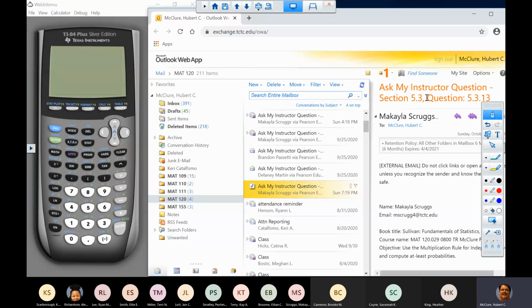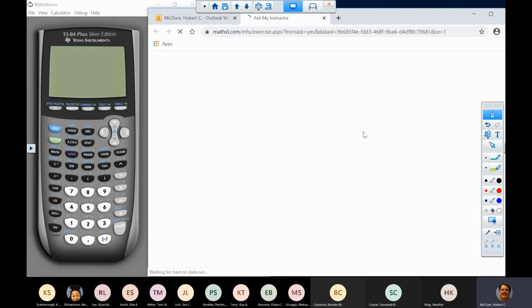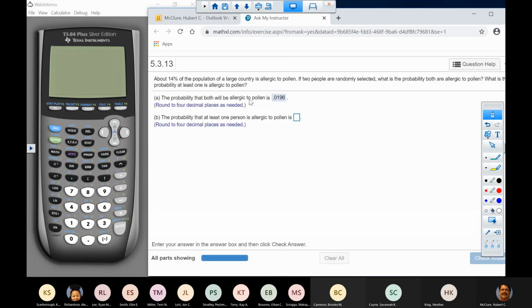Next, 5.3. 13/8. I'm trying to get it through everything. That's the same question. So what would this one be? 0.14 to the what? Second power.